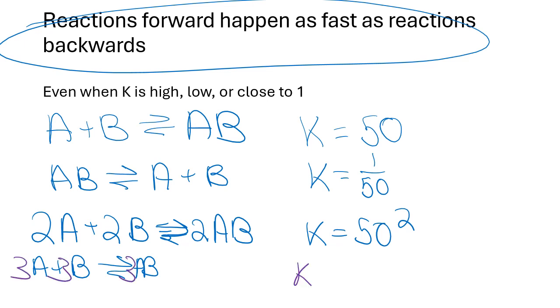K is going to be 1 over 50 cubed. So if you triple the coefficients, it has a direct effect on the K. If the products become the reactants and the reactants become the products, it's just 1 over K.